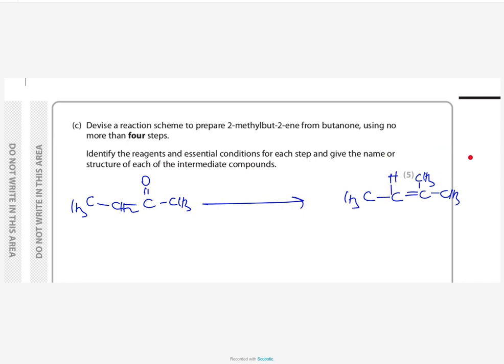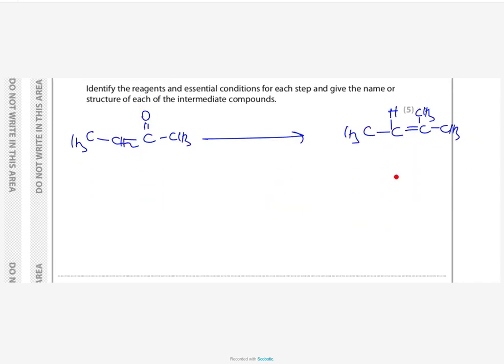I can't think forward. It's difficult to think forward. So what you can do is go reverse. How to form a carbon-carbon double bond? You can form a carbon-carbon double bond if you eliminate HCl or if you eliminate H2O, right? That means, look at this.